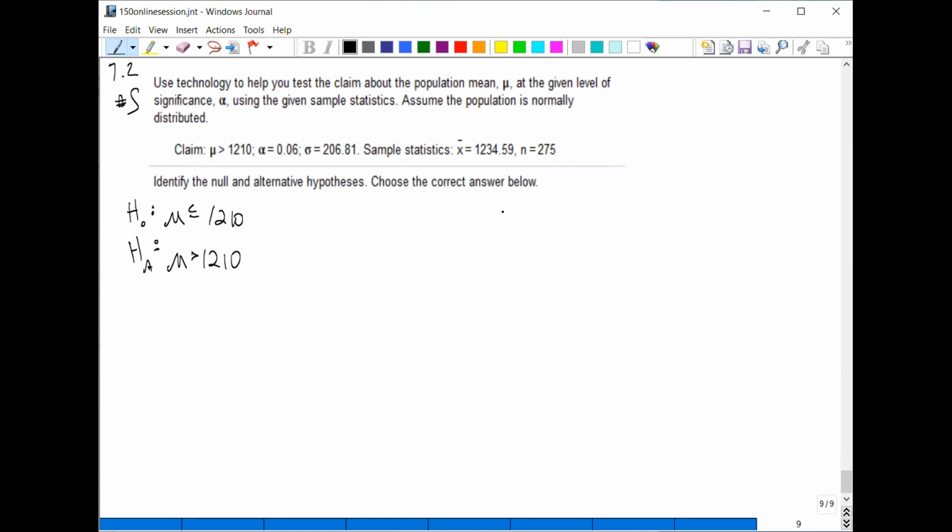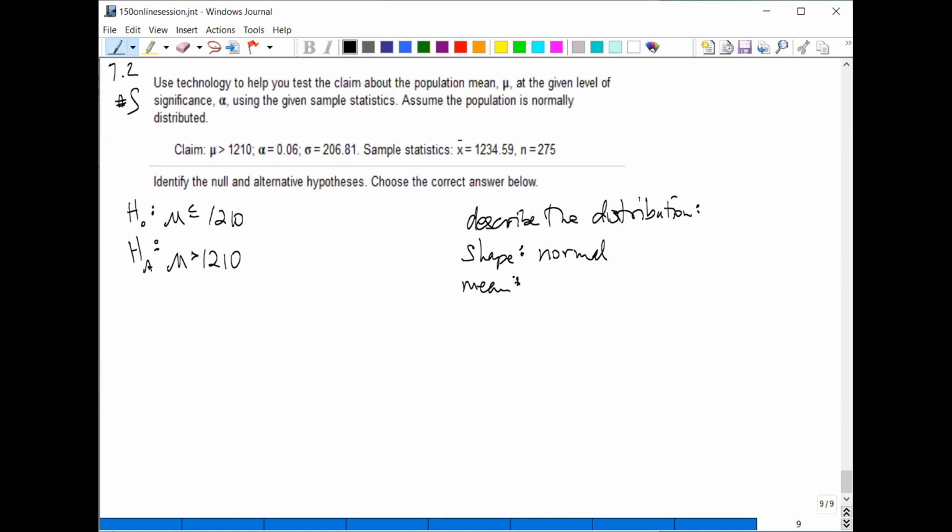But what we do need to do is describe the distribution. So let's describe the distribution. So first of all, what's the shape? It says assume the population is normally distributed. So we know that the shape is normal.